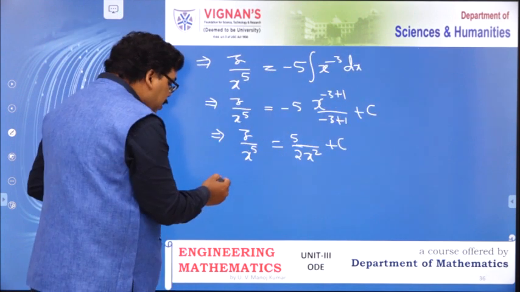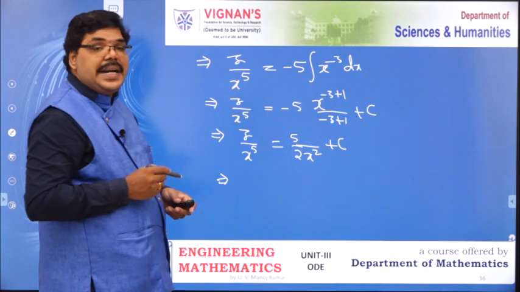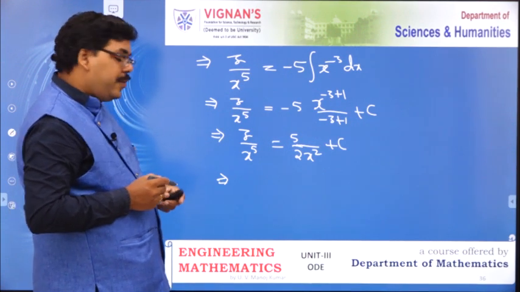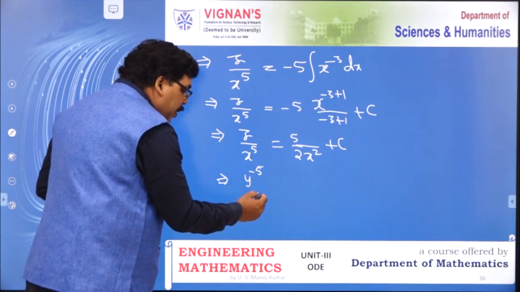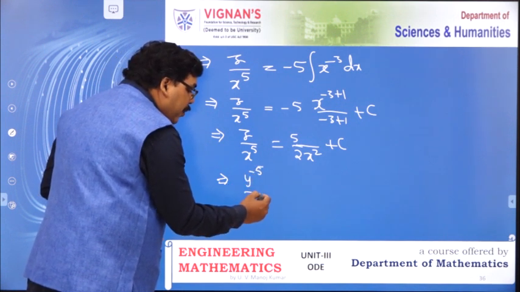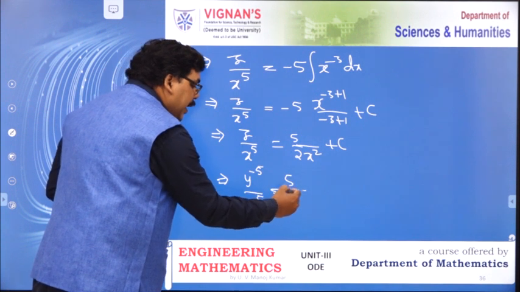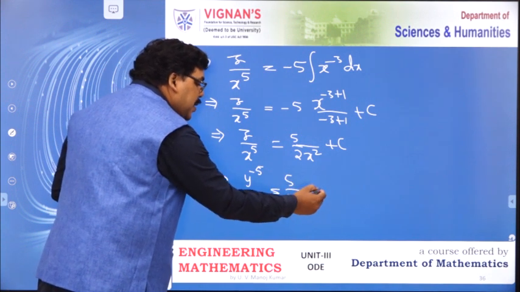So when you back substitute z equals to y power minus 5, you will get y power minus 5 by x power 5 equals to 5 by 2x square plus c.